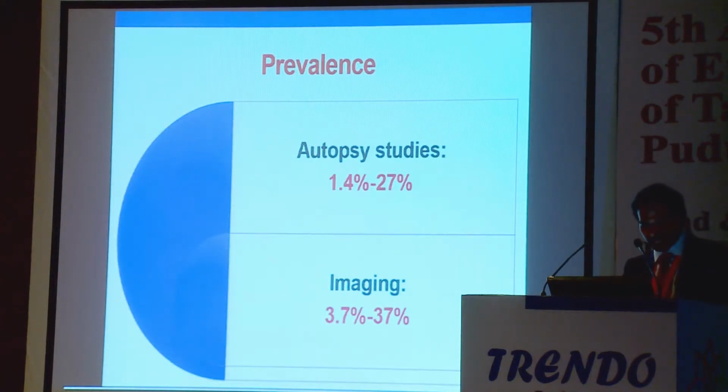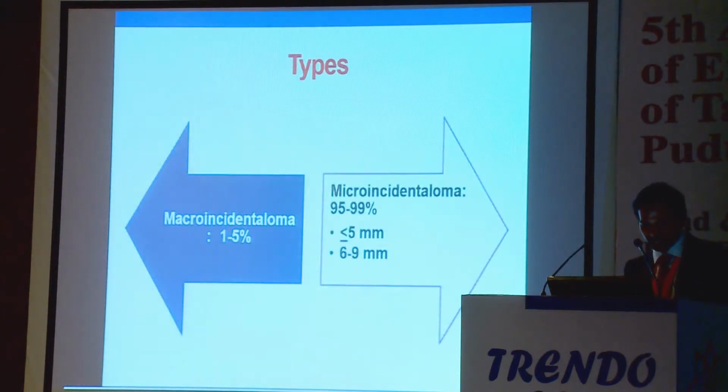When you come to prevalence, we can study it either from autopsy studies or from radiological imaging. From autopsy studies, it varies from 1.4 to 27%, and from imaging, it can vary from 3.7 to 37%. And grossly, we can divide it into macroincidentaloma and microincidentaloma. What we commonly see as incidentaloma is just microincidentaloma.